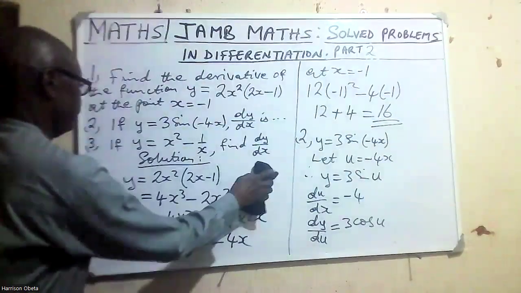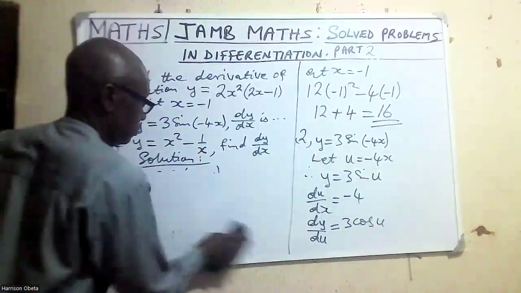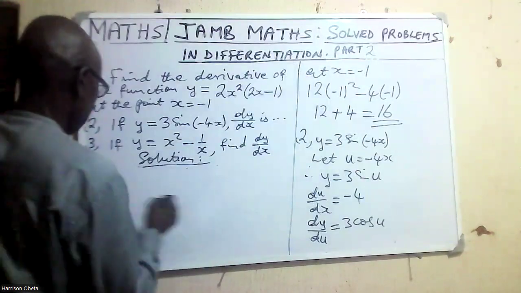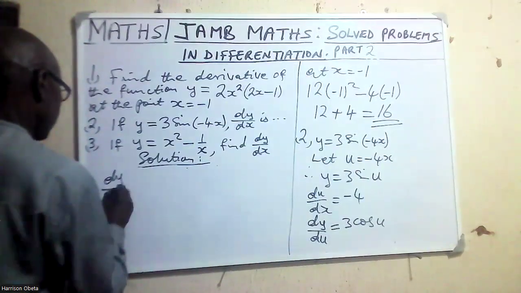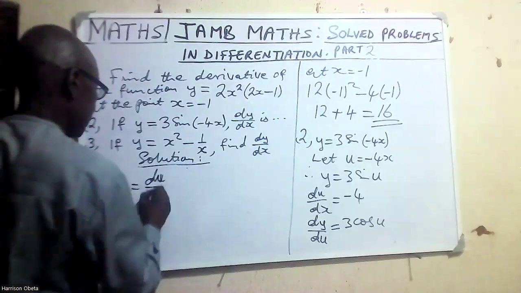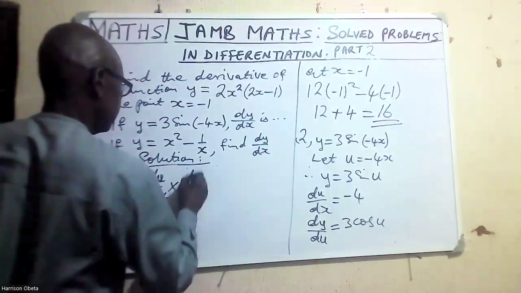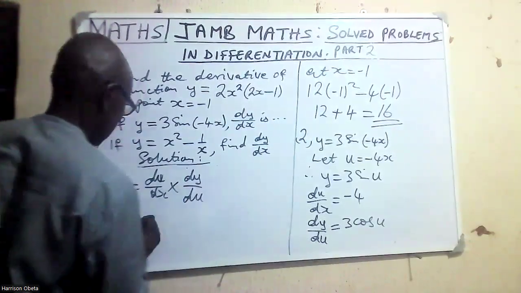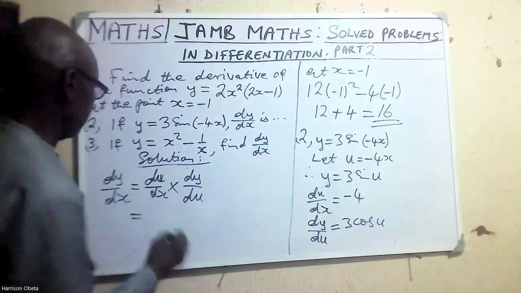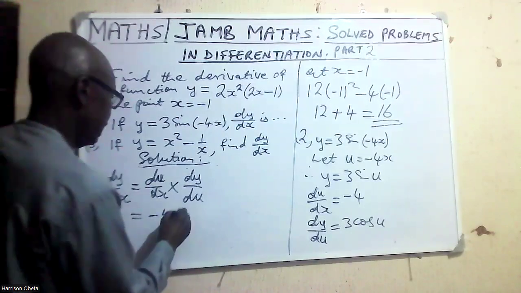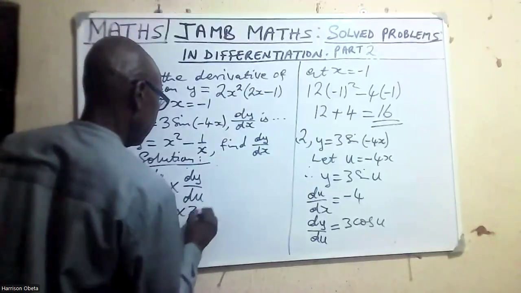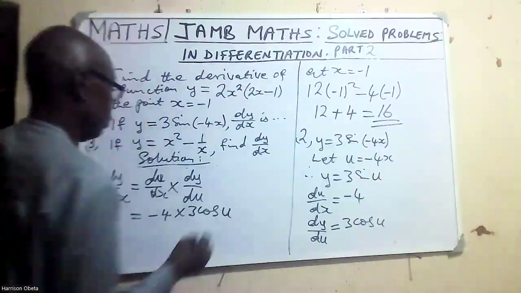So coming back here, we have dy over dx. We know it is du dx times dy over du. So you substitute the values. The du dx from what we have done is minus 4 times the dy du is 3 cos u.